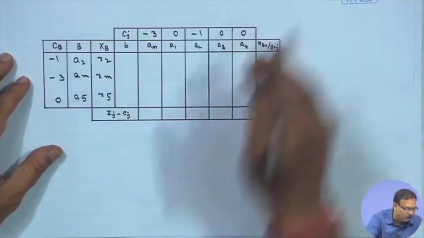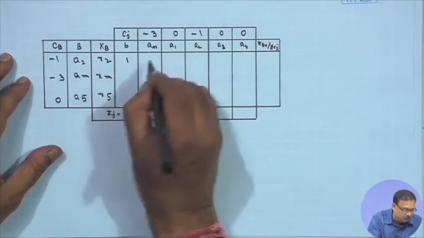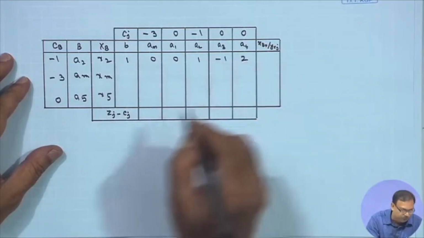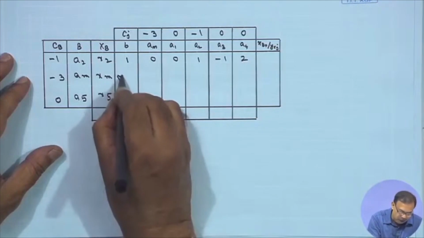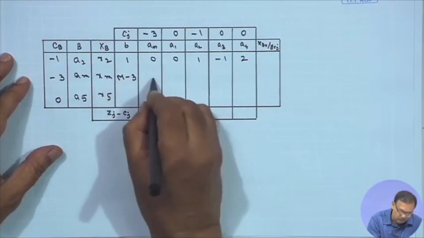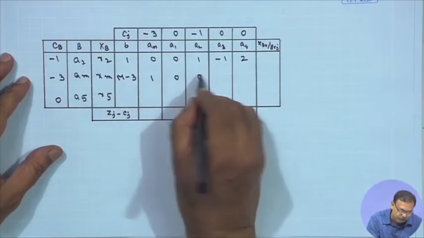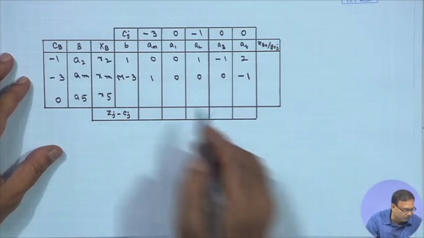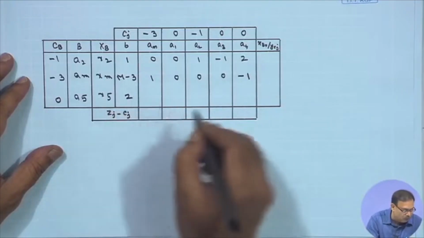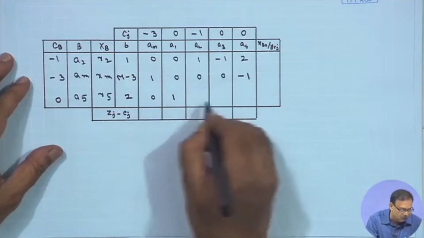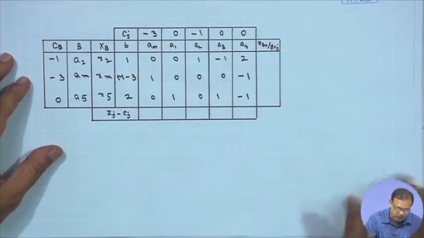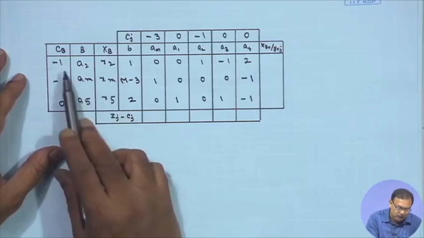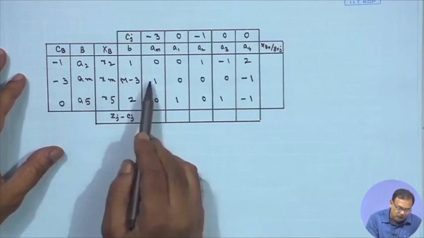So, after doing this I will find that 1 0 0 1 minus 1 2, this is M minus 3, 1 0 0, 0 minus 1, and this one will be 2 0 1 0 1 minus 1. Now calculate the Zj minus Cj; you know it: 3 minus 3 plus 3.